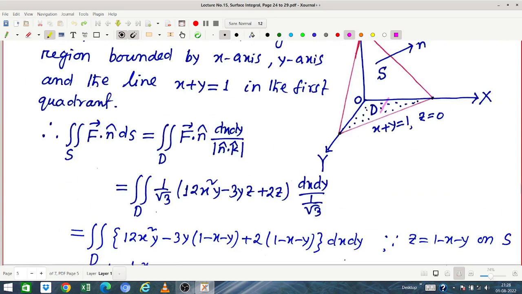If we take this strip here, y will be 0 at the bottom and at the top y is 1 minus x, because x plus y equal to 1 means y is 1 minus x. So the limits for y are 0 to 1 minus x, and the limits for x are 0 to 1, because in intercept form the plane meets the x-axis at (1, 0). So this is the 1 unit length here.